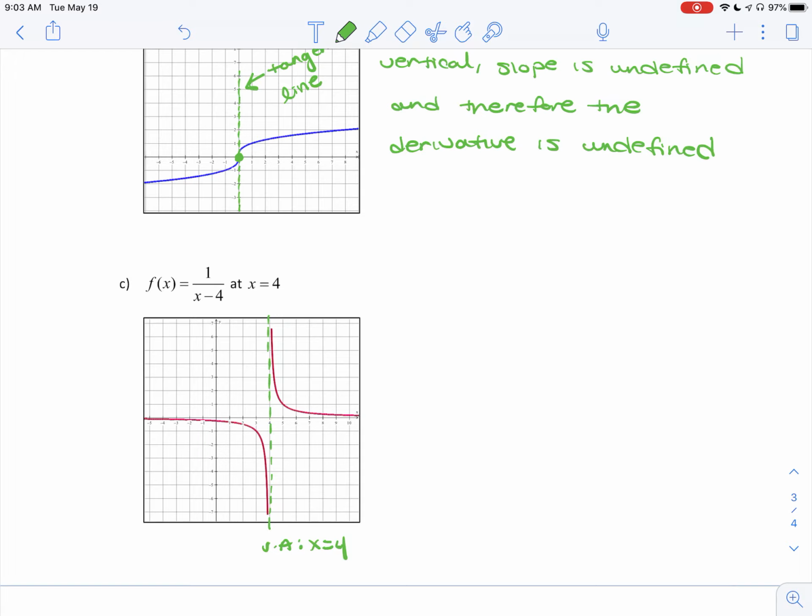So since the original function is undefined at x equals 4, the derivative function is also undefined at x equals 4. So since f of x is undefined at x equals 4, the derivative is also undefined.